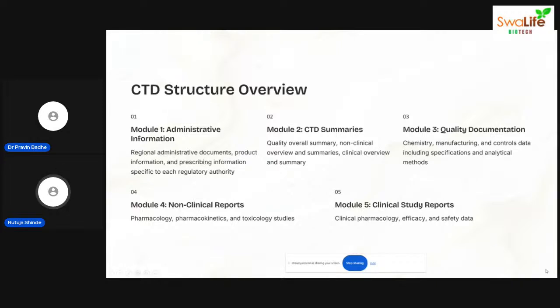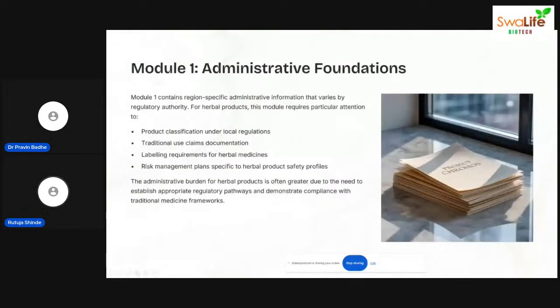So we'll start with the first module, that is the administrative foundation. Module 1 is region specific, so requirements differ by regulatory authority. For herbal products, this module often requires extra attention.